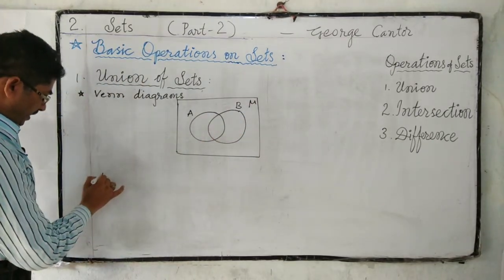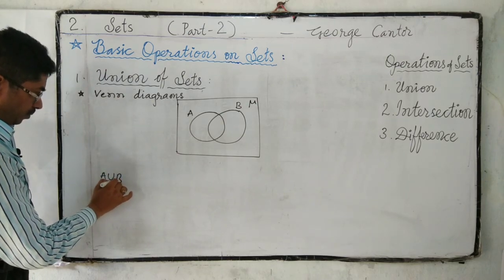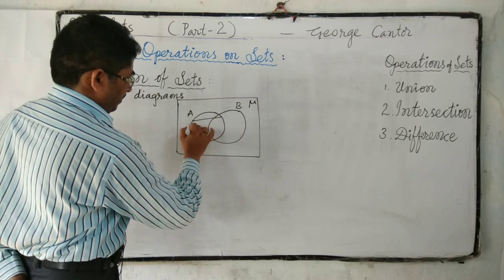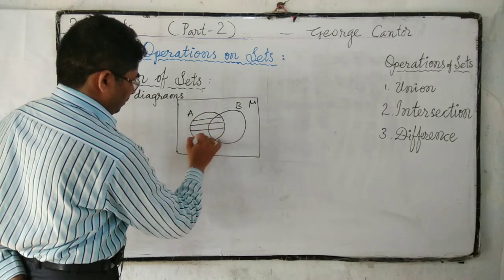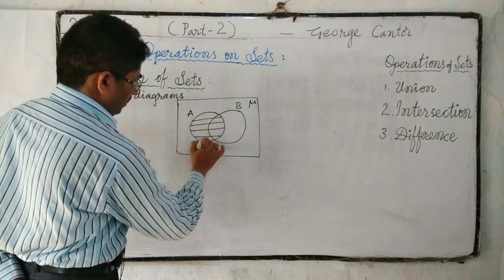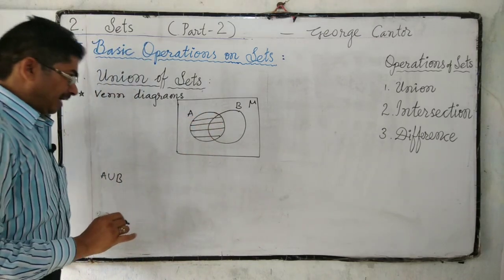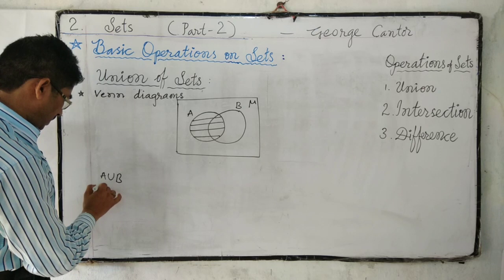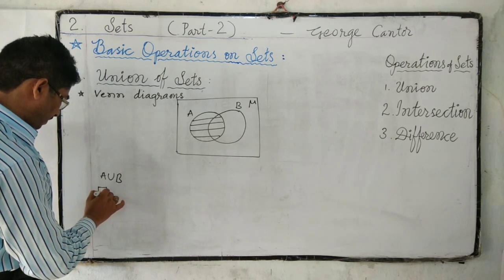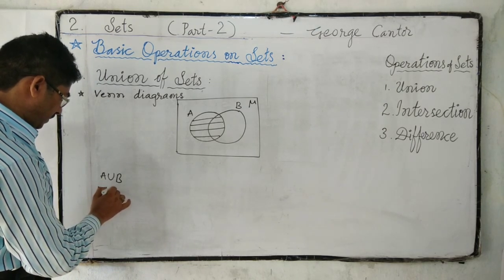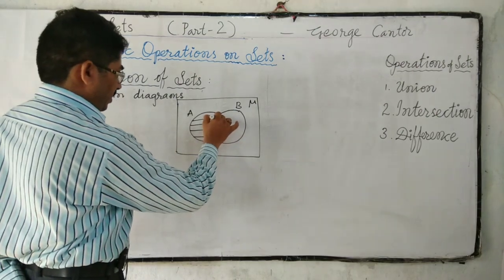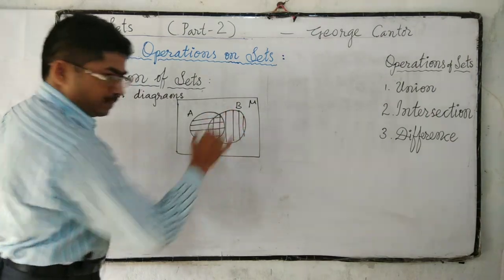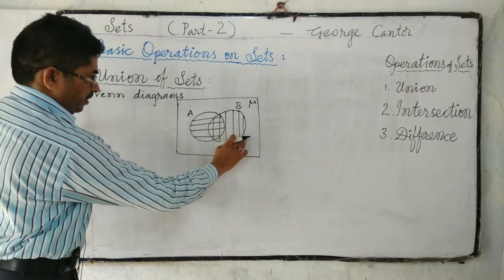A union B is equal to, I am shading horizontally, this A is shading horizontally, and B shading vertically.